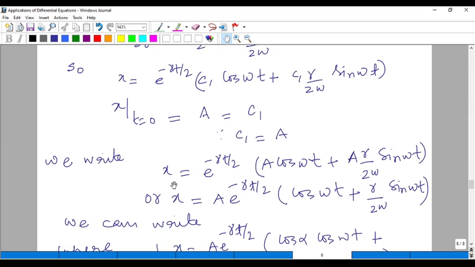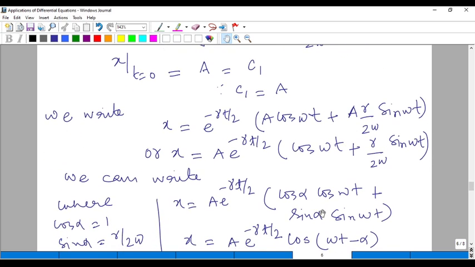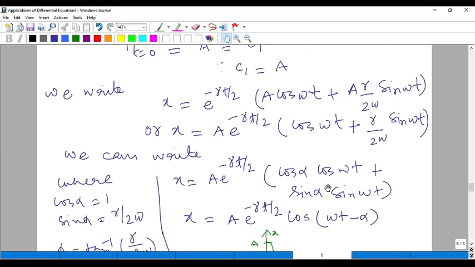So x equal to e to the minus gamma t by 2 into a cos omega t plus a gamma by 2 omega sin omega t. So easy calculation of those constants. Now in this expression I'm writing this term, cos omega t, into 1.